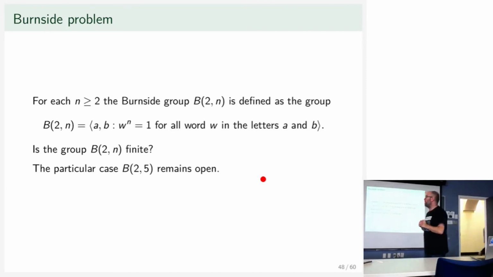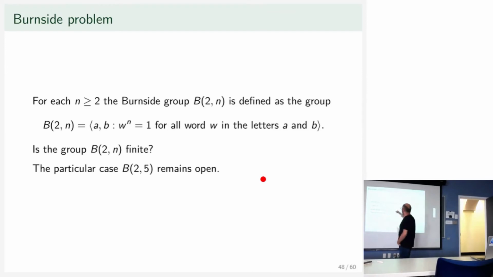So let's continue. You know this super famous open problem, right? The Burnside problem. I'm not stating the problem in full generality, but it is enough to state it in these terms. So you define, for each n, a group like this. It's generated by A and B and an infinite set of relations.